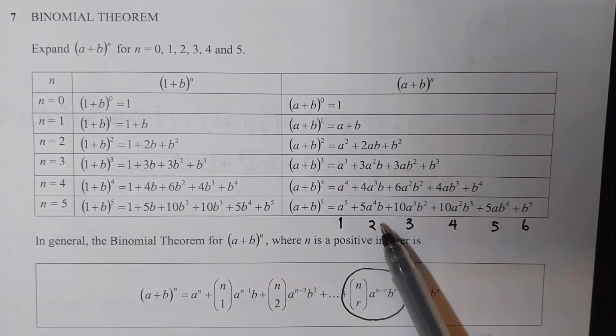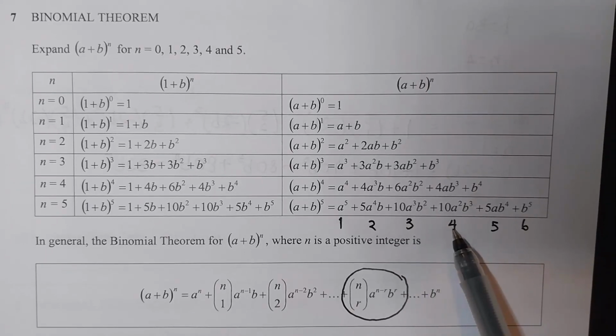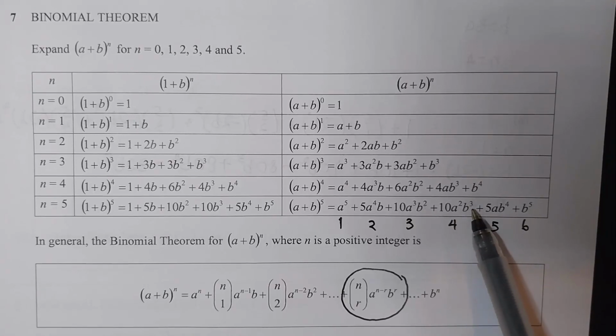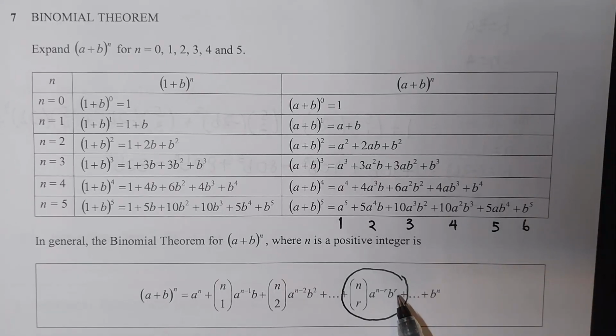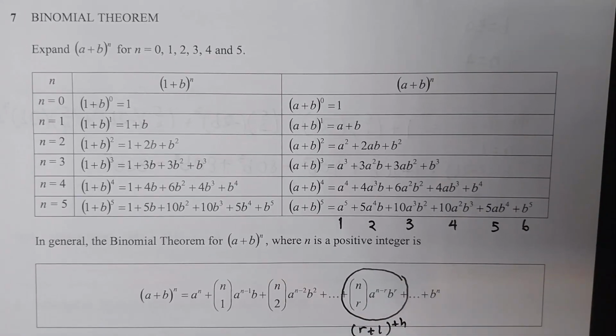Now, do you realize that the term is actually 1 more than this number here? The term is actually 1 more than this power here. So if we look at the power here, this term is not the rth term, but it's actually the r plus 1th term.